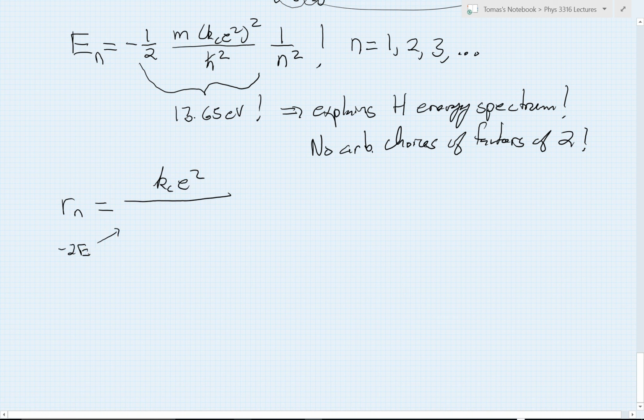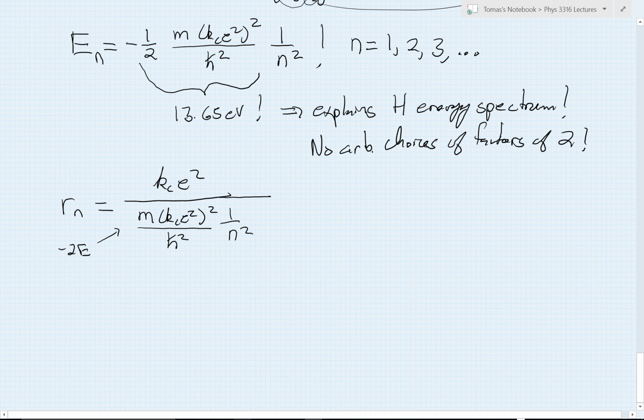Here is my energy, right? So minus twice it should be pretty easy to do. Minus twice it will just kill the minus 1/2, and I'm left with all of these remaining factors to copy down: mass, Coulomb's constant, e squared, divided by h bar squared. Just remember this is the longer line. And then times the 1/n squared factor.